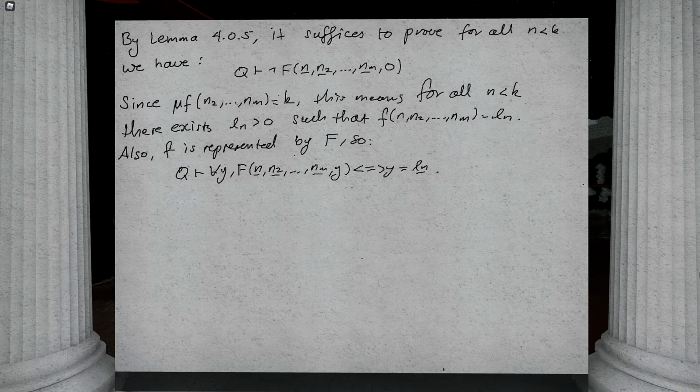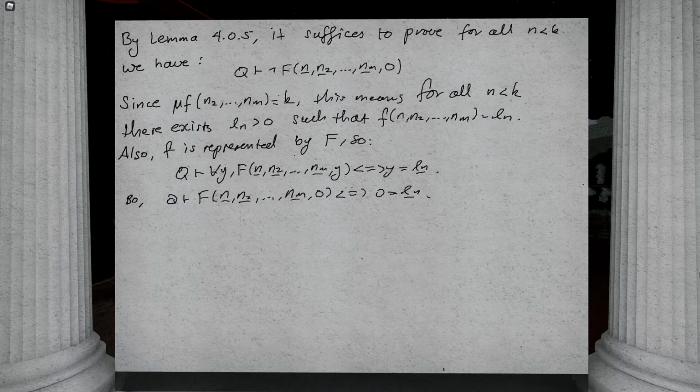And then I can use it for all elimination, where I substitute y in for 0, and I'll get that Q can prove f N underline, N2 ... Nm underline, 0, if and only if it's the case that 0 is equal to Ln underline, right?